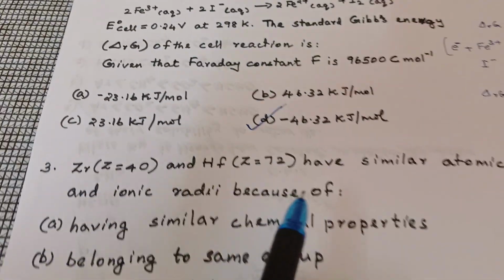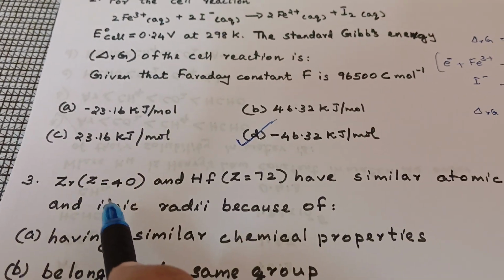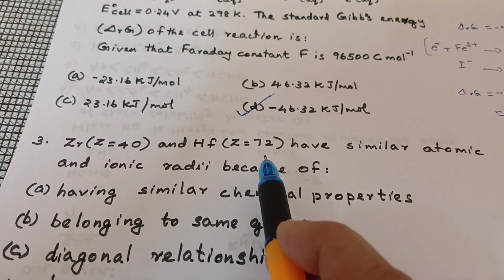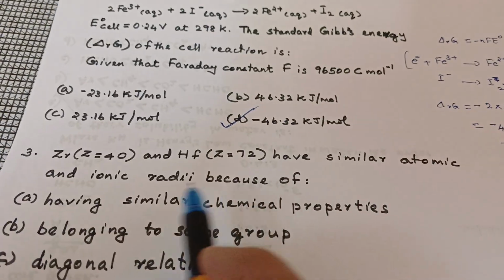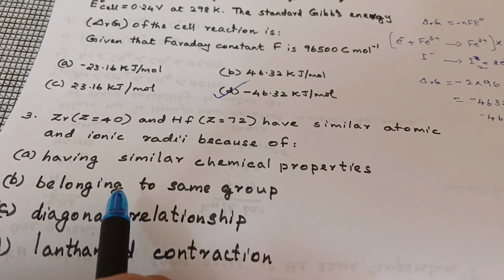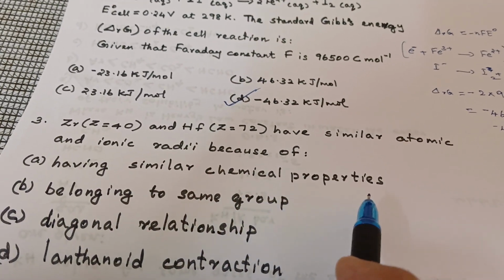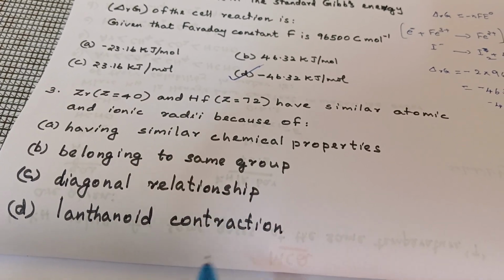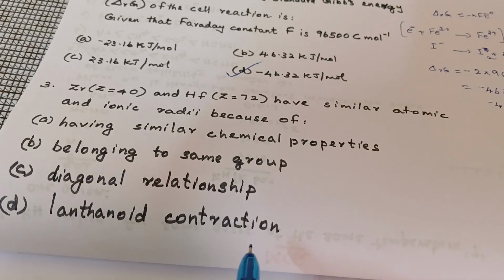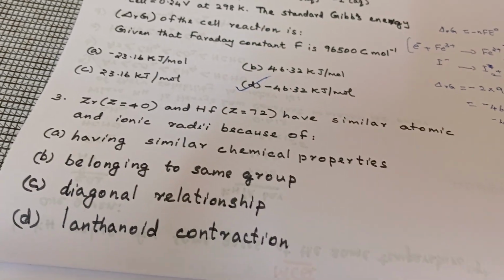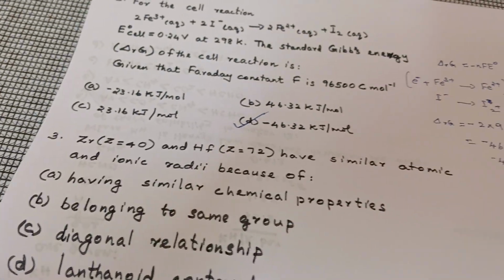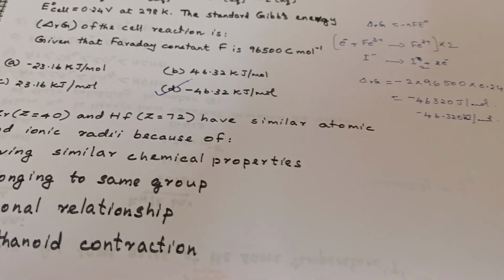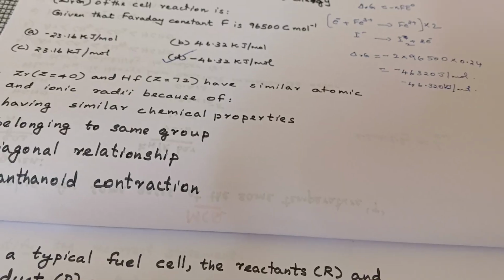Next is zirconium, Z equal to, that is atomic number 40, and hafnium, atomic number 72, have similar atomic and ionic radii because of having similar chemical properties, belonging to the same group, diagonal relationship, or D, lanthanoid contraction. We know that both of them are not lanthanoid elements. So what could be the reason?